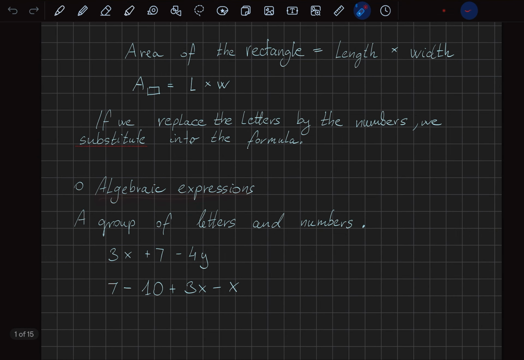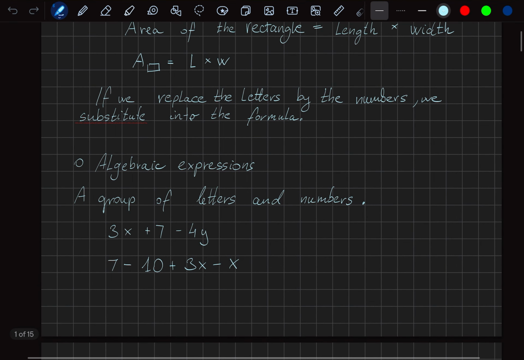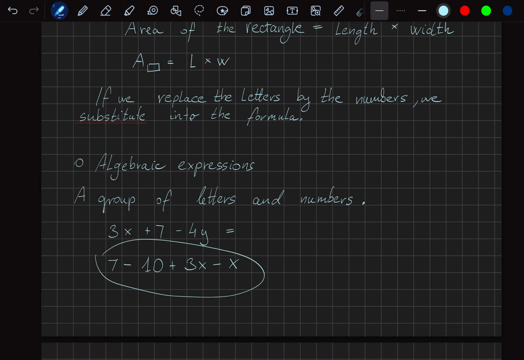Okay, expressions, algebraic expressions, a group of letters and numbers. Here, for example, 3x plus 7 minus 4y. I didn't put the equal sign because I can put it, but I cannot collect them. But here, the next one, I can collect them, because 7 minus 10 and plus 3x minus 1x.